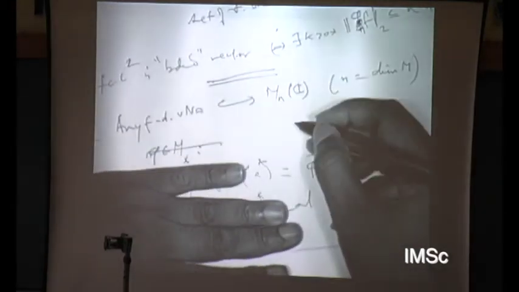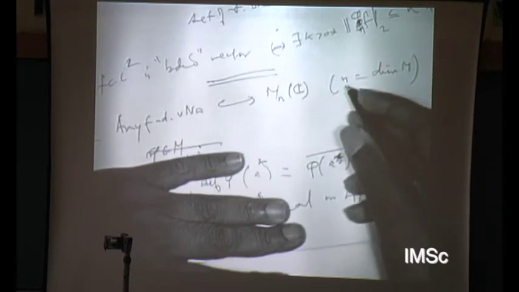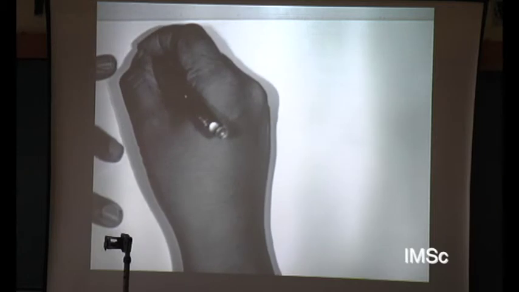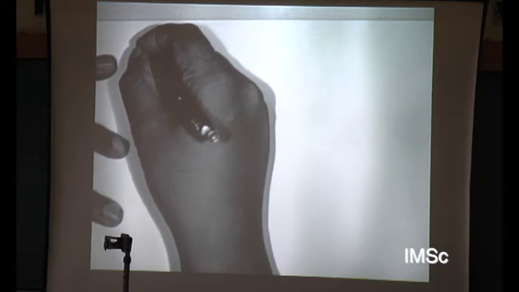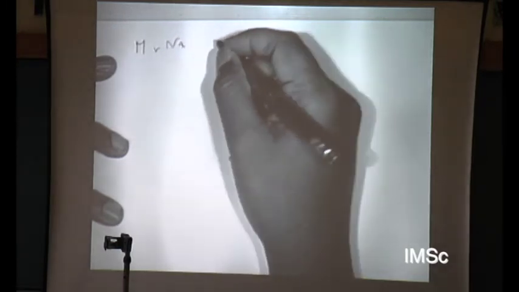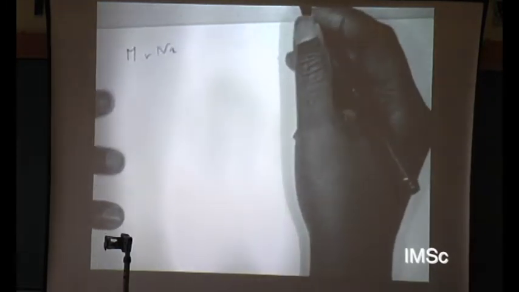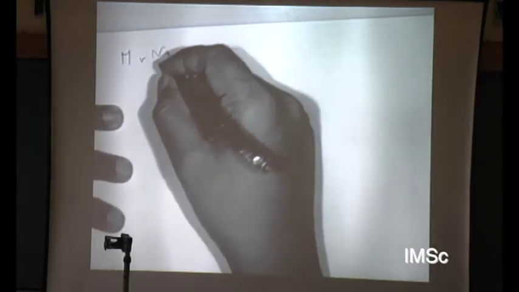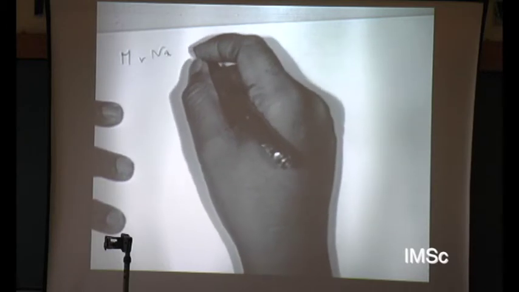We know that if M is a von Neumann algebra, and I'm only looking at von Neumann algebras which admit actions on separable Hilbert space. Another way of saying it is, with separable pre-dual.